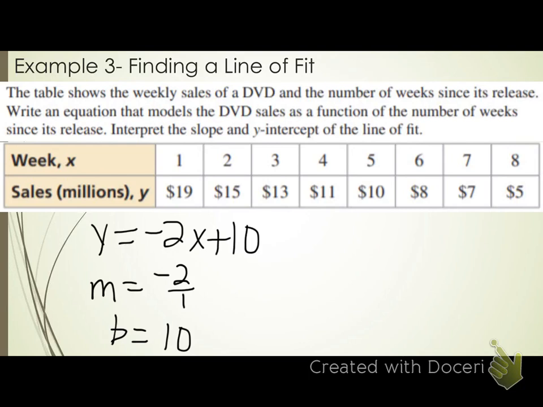Zero, 10. X value 0. Y value is 10. X represents weeks after the DVD has been released. Y represents sales in millions.